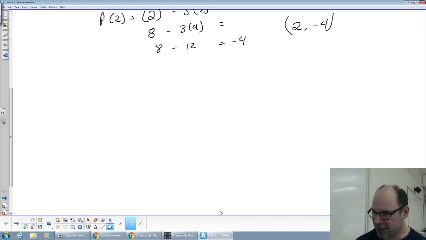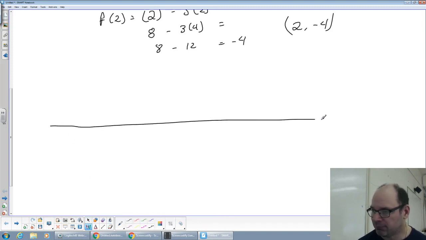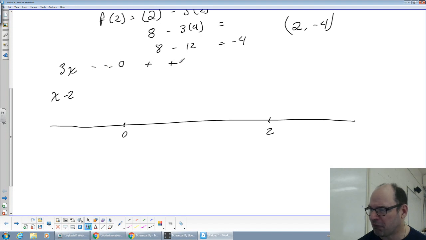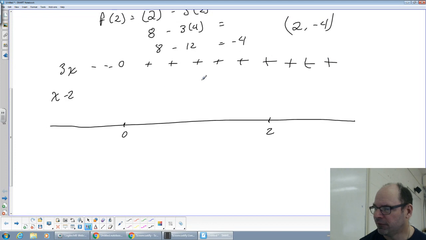Next, let's do that sign analysis with a little more space. 0, 2. We have 3x and x minus 2. 3x is 0 there, negative below, and positive above. Then x minus 2 is 0 at 2.